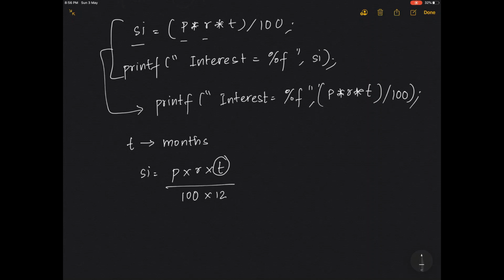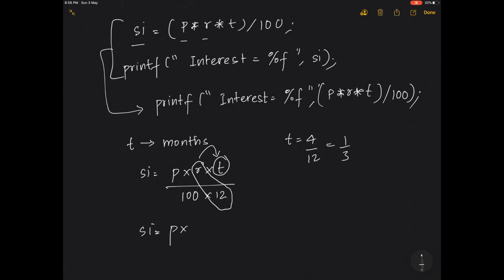and then multiply it with the time in months. Or another case, if the time is given as 4 months, we know 4 months is 1/3 of a year, which is 4 by 12, which is 1/3. So either the rate can be divided by 12, this converts the rate per month and you multiply it with the number of months.